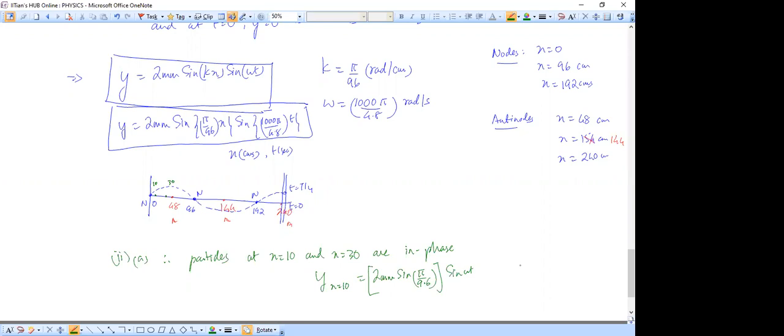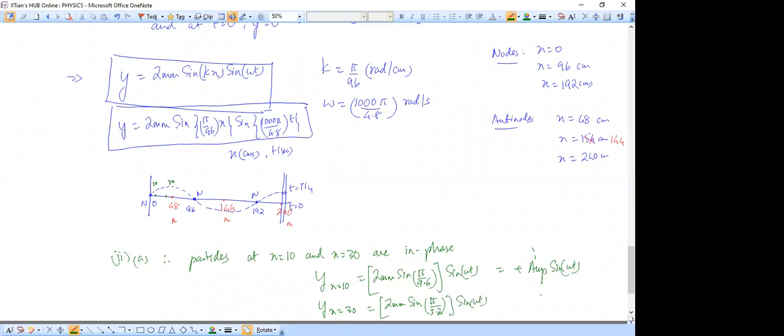So it is some positive amplitude into sine omega t. Okay, and that amplitude is equal to this value. Similarly, for the point at x equal to 30, it is 2 millimeters sine of pi by, divide this by 3, so 3.2. So again, this is a positive quantity.